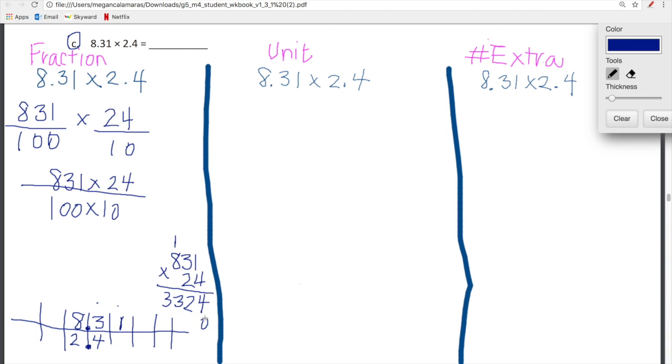Anything that we multiply by 20 is going to end in a 0. 2 times 1, 2. 2 times 3, 6. Isn't this fun? 2 times 8, 16.